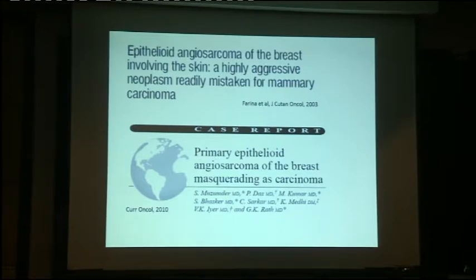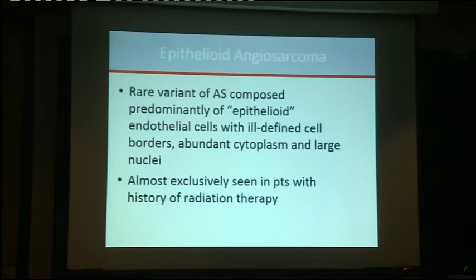Epithelioid angiosarcoma, as in our case, is described as an aggressive neoplasm, frequently mistaken for mammary carcinoma. So when I am looking at breast biopsies, when I have a high-grade lesion without any ductal differentiation or any specific morphology that I can identify as definitely primary breast carcinoma, angiosarcoma, even though it's a rare lesion, is always in the back of my mind.